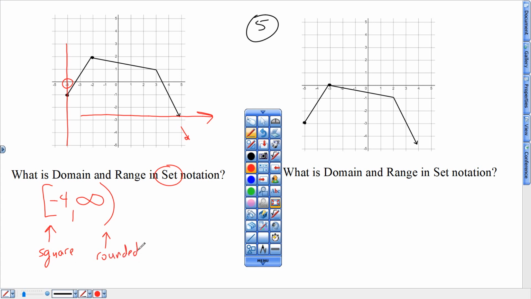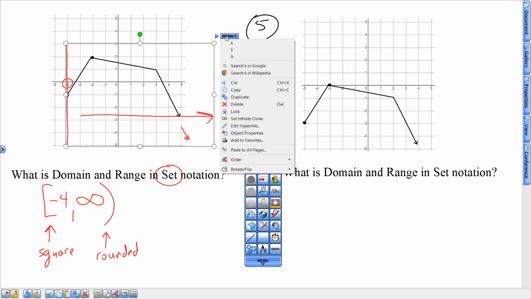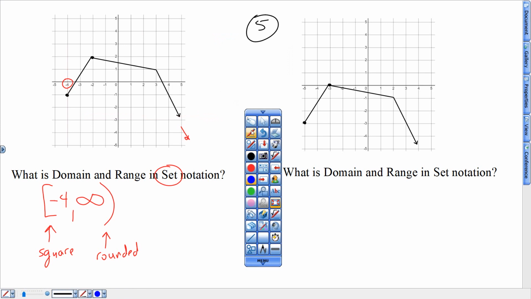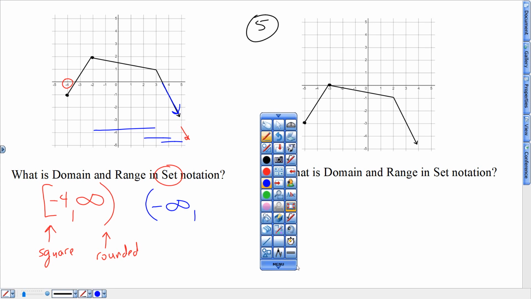Set notation for range is measured from bottom to top. This one's going to be a little difficult here. So again, bottom to top, since this is going down, there's no bottom to it. So my bottom of my range goes from rounded -infinity, because anything measured bottom to top going down is negative, up there to this 2 on the y-axis, square bracket.